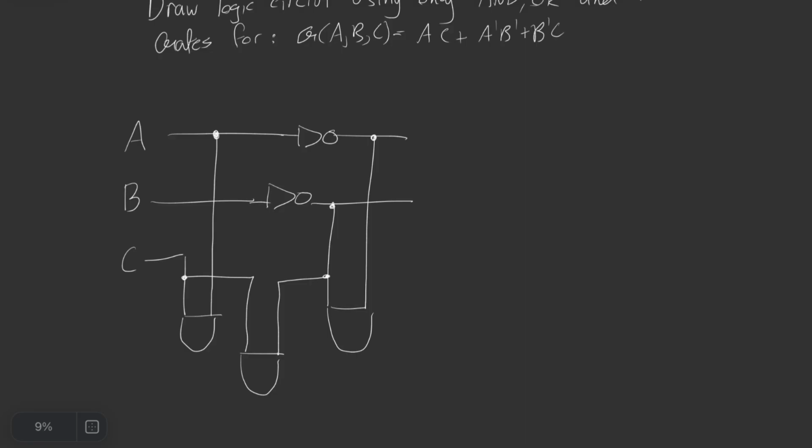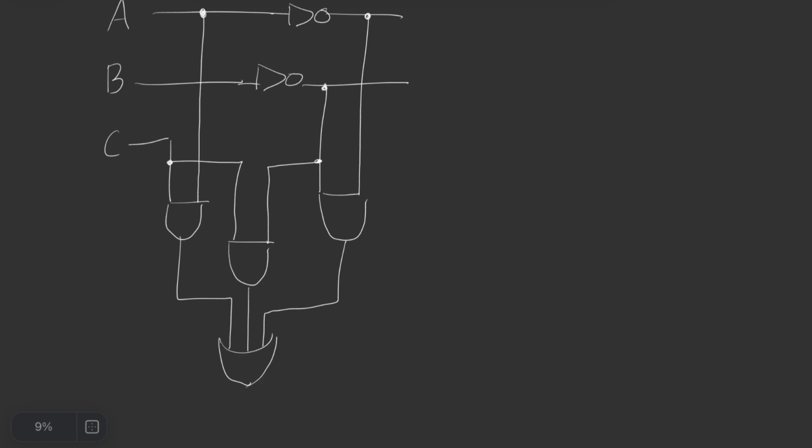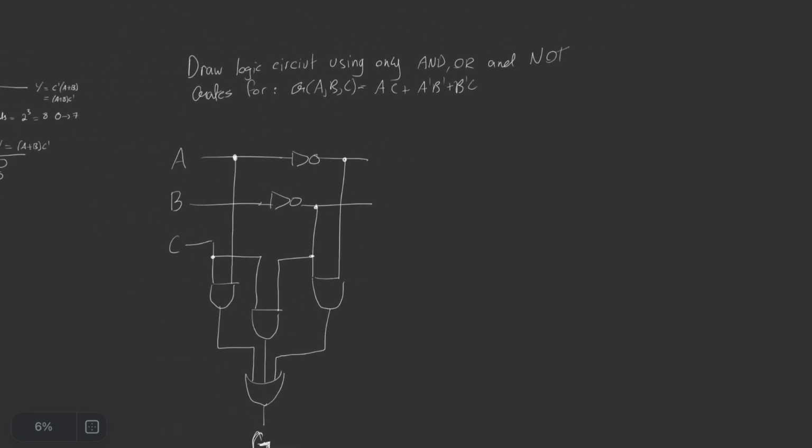And now we have these 3 totals being ORed together in a 3 variable OR. So these outputs will go like so, and like so, and this total will equal G.